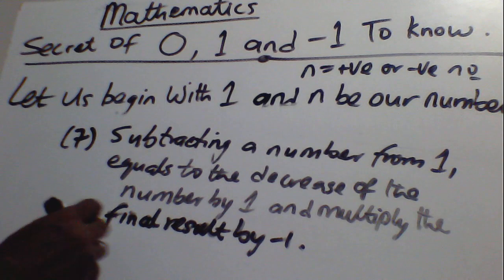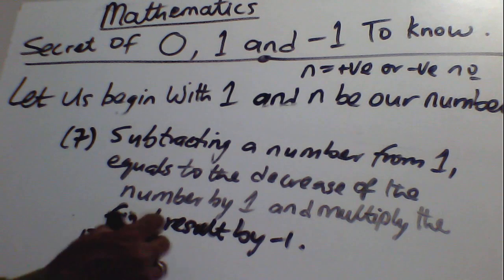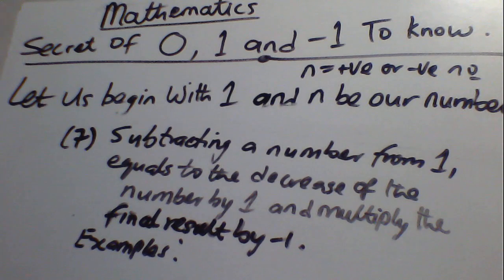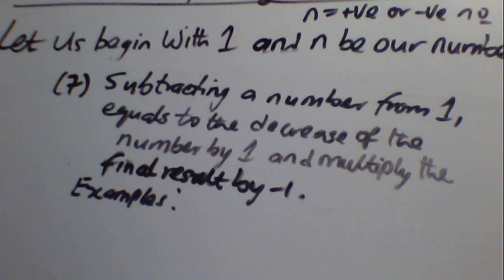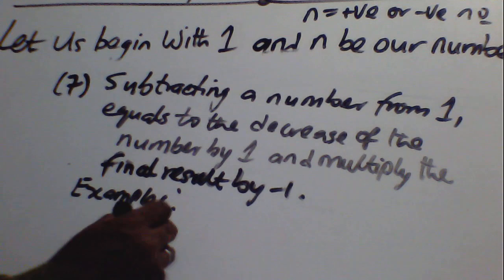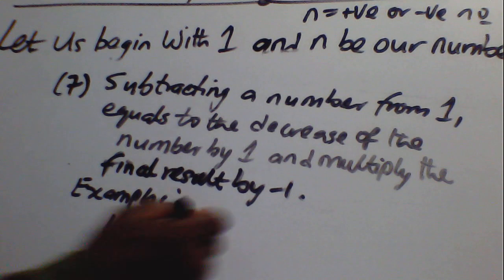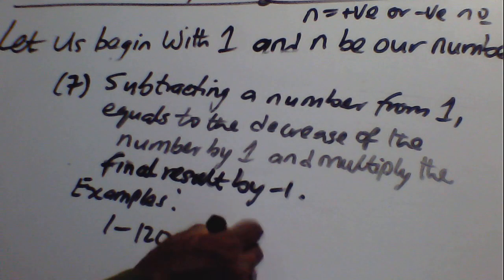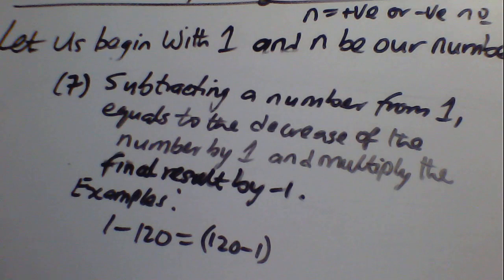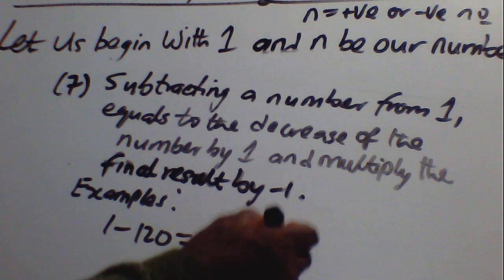So example, in this case is 1 minus 120. It equals the decrease of the number by 1, that is 120 minus 1, and multiply the result we got by minus 1.